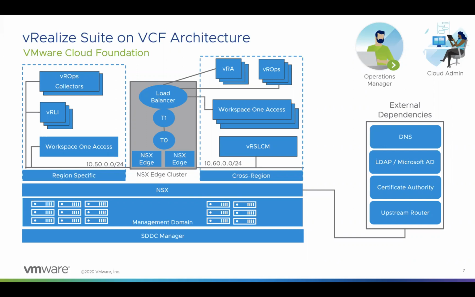If my local site is down and these VMs are down, it won't impact my operations or my business. But these other components can provide services for multiple data centers, and if this data center is down and these VMs are down, it can impact your business and the service for other sites. That's why we have to protect these for business continuity and disaster recovery.